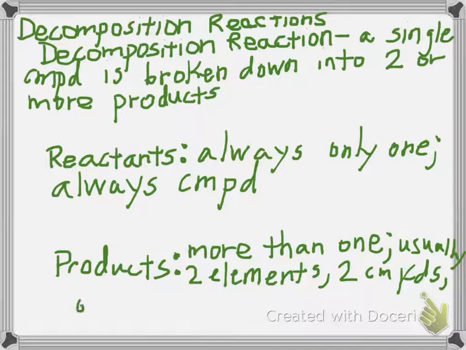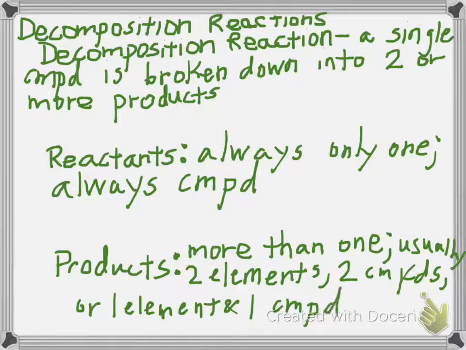Or it could be 1 element and 1 compound. And again, because of this variability in what the products can be, it does make it difficult for kind of starting out chemistry students to predict what the product of a decomposition reaction will be.